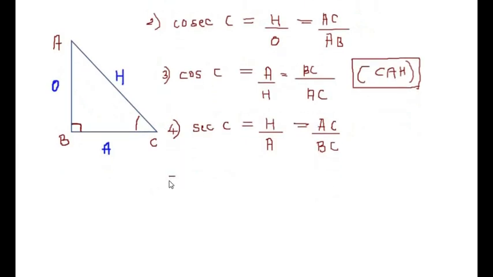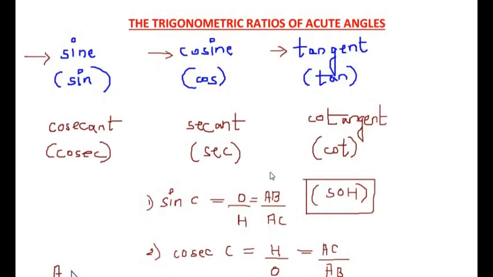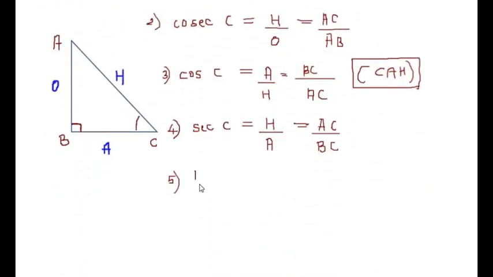Now comes the fifth one, which is tan. So tan C is equal to, tan is always written as opposite over adjacent. So it has an abbreviation which is TOA. So we can just put it in a box again.